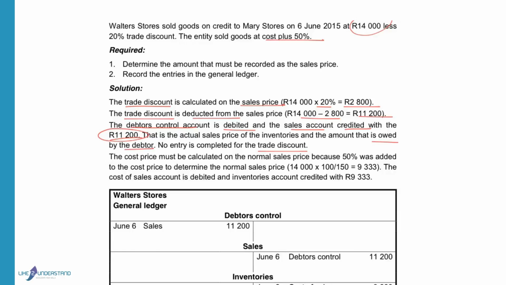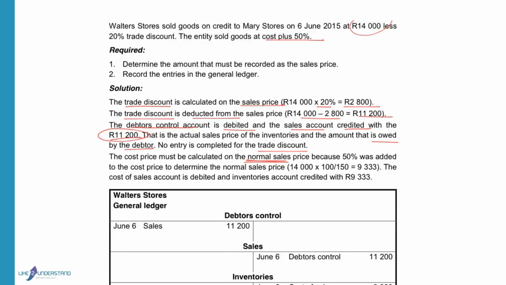If the cost price must be calculated, you must calculate that on the normal sales price, because the 50% was added to the cost price to determine the normal sales price of 14,000. So even if you allow trade discount, when you calculate your cost of sales, you must calculate it on the normal sales price.